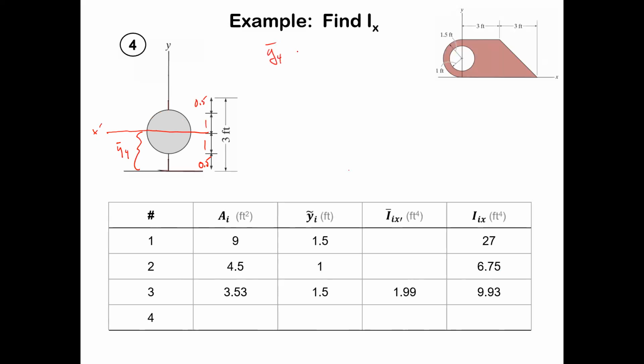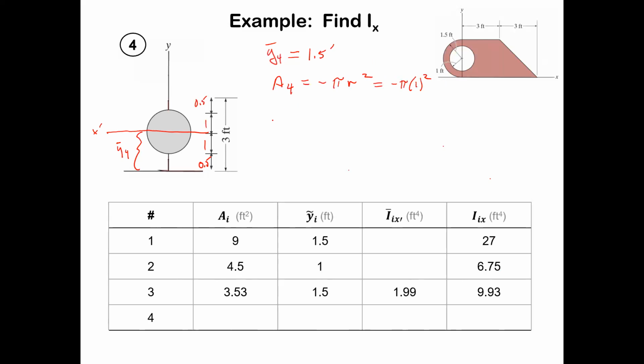And that's still 1.5 feet because it's centered on the same center as the semicircle. Our area is negative, because it's a hole, pi r squared, not to the 4th. I'm getting used to writing r to the 4th here. And since r is 1, that's just minus pi times 1 squared, or just minus pi.